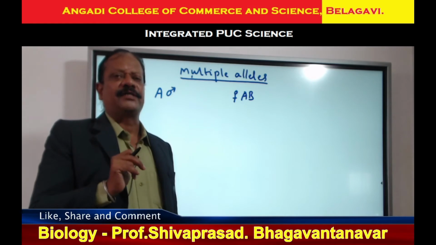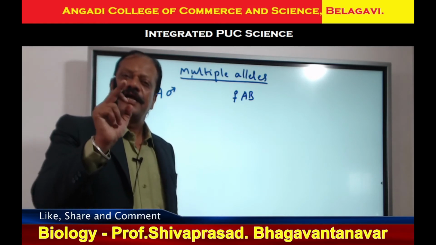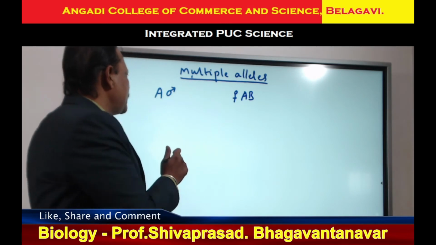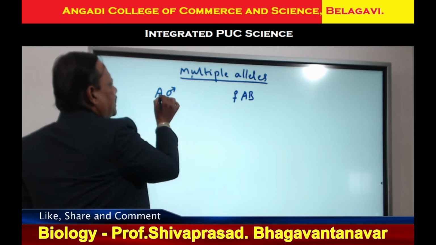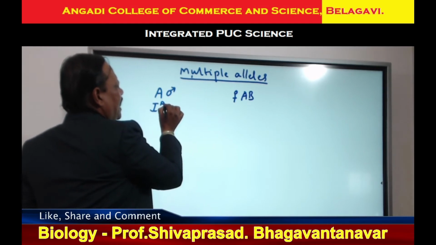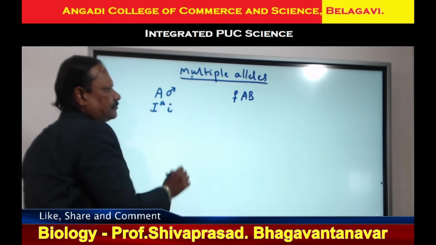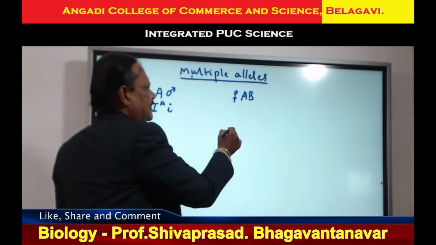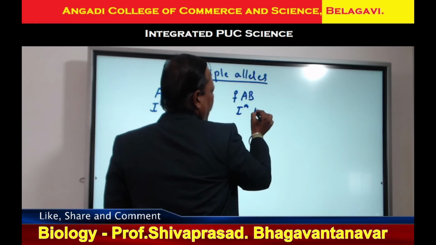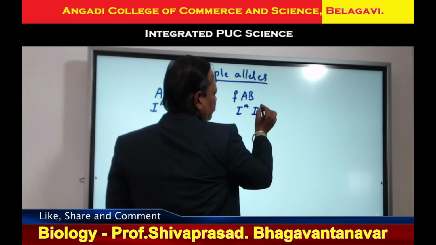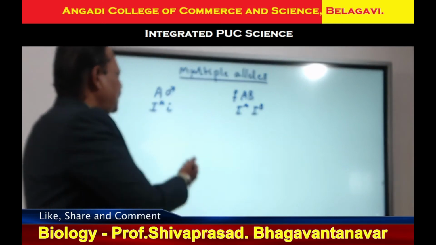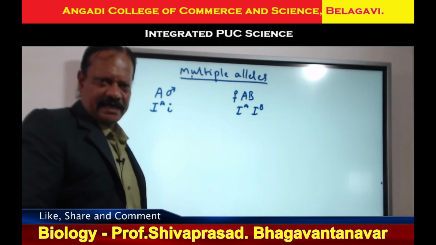For that purpose, you always have to select the heterozygous nature of alleles. Here, the heterozygous nature in blood group A is IA and small i, and AB is having IA and IB.